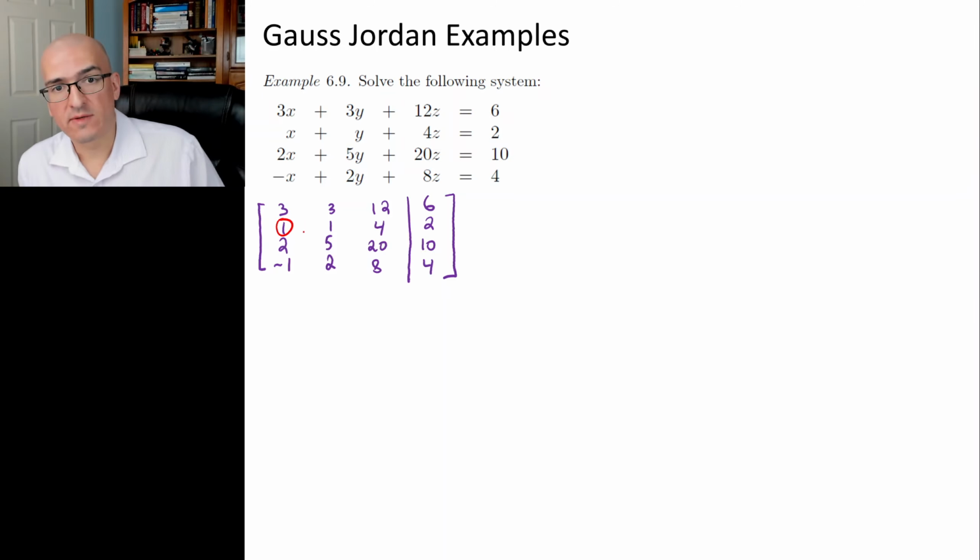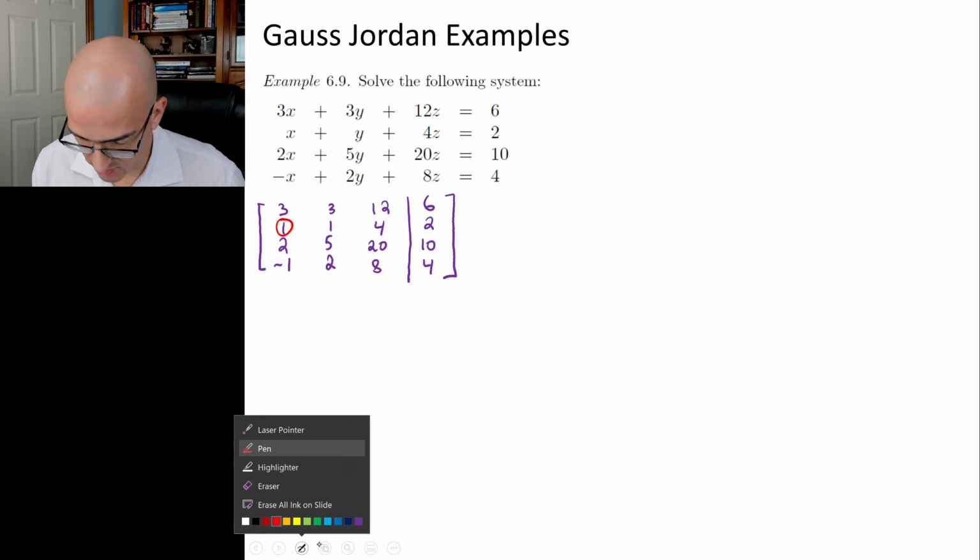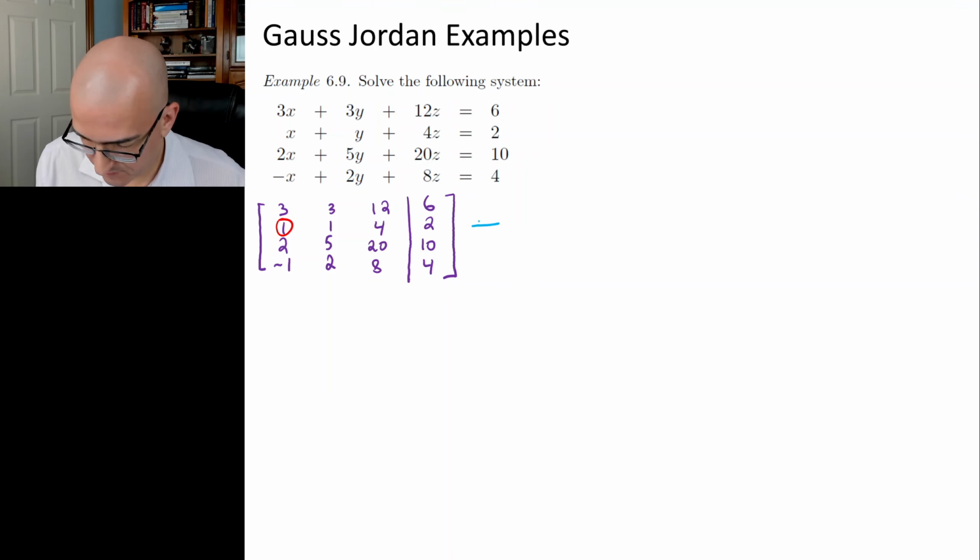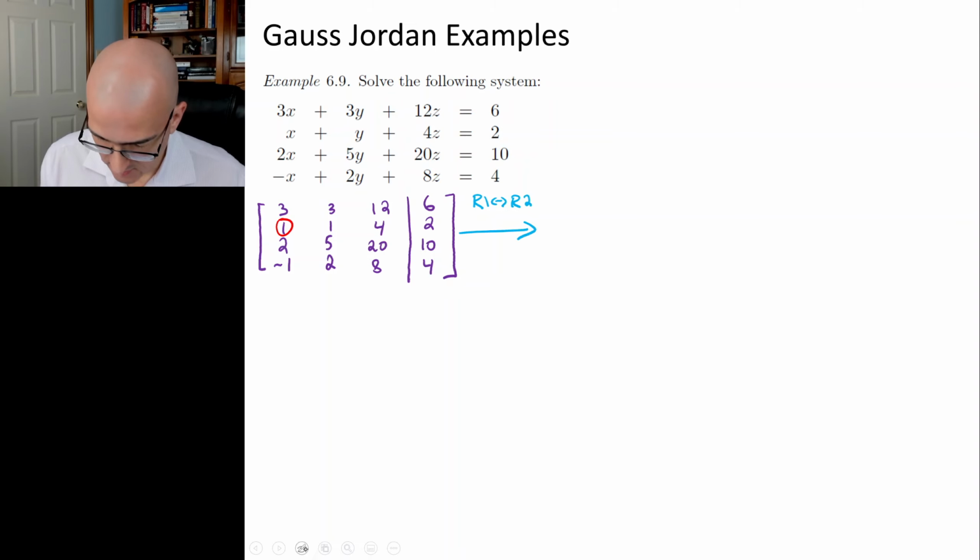I want a leading 1. We have a leading 1 in row 2, but it's not in the right position. So the first move is we should swap row 1 and row 2. Row 1 swaps with row 2. So the new matrix is just a copy with those 2 rows switched. 1, 1, 4, 2.